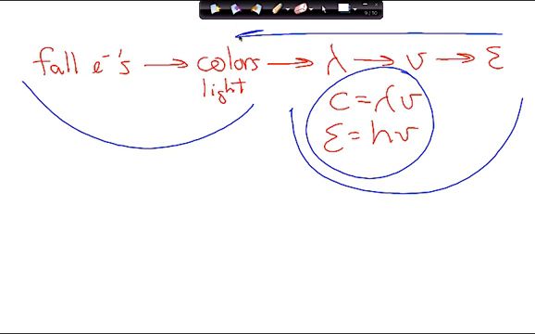We are going to move in the other direction. We are going to figure out when an electron goes from here to here, when an electron goes from here to here, how much energy will that release? It's a really simple calculation.